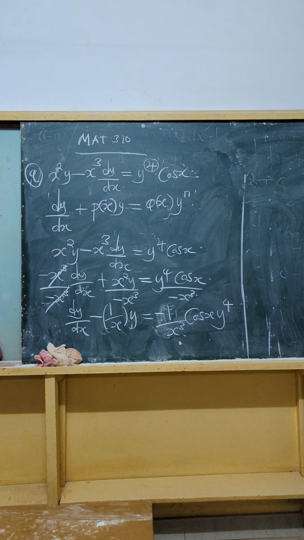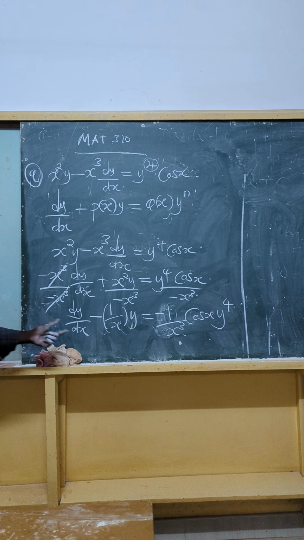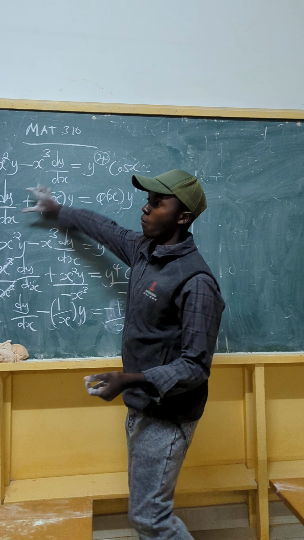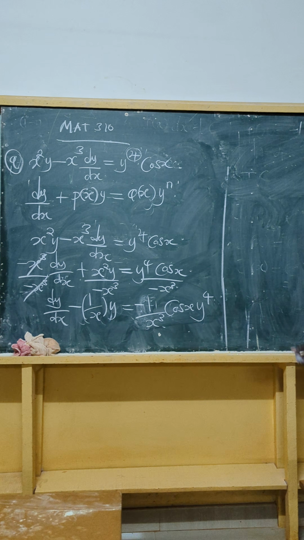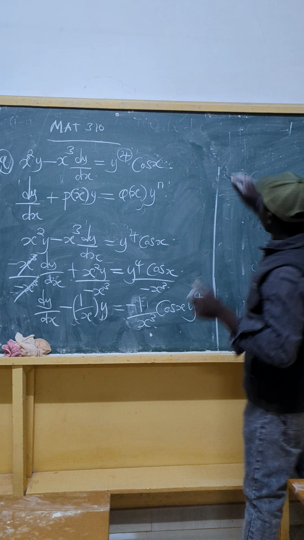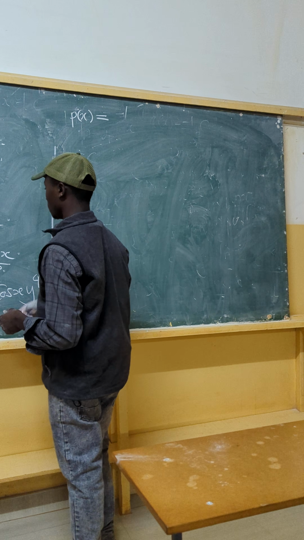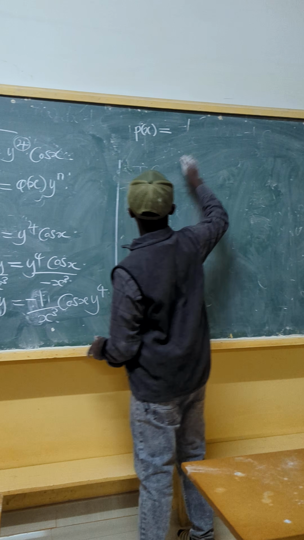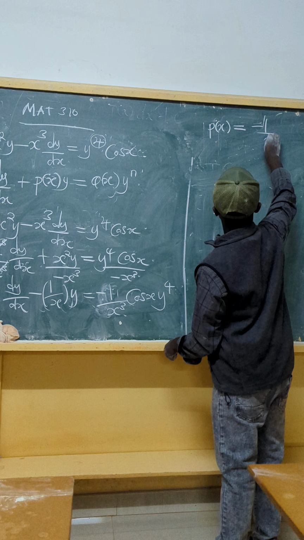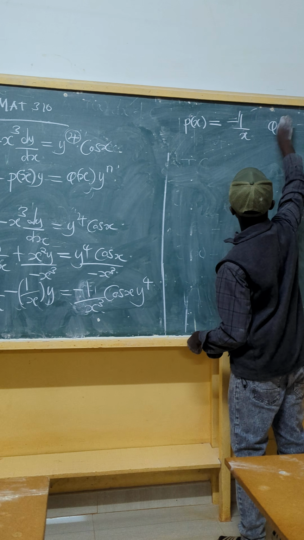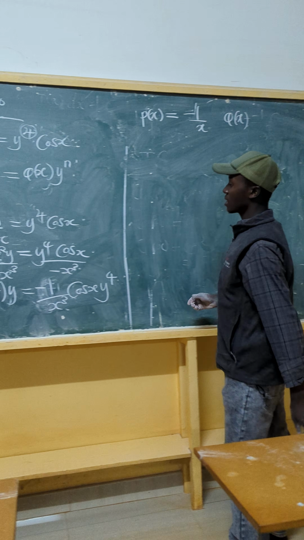Now once you do that, when you see this equation, it is in this form. So now we need to identify what our p of x is. Our p of x equals negative 1 over x. Where am I getting p of x?